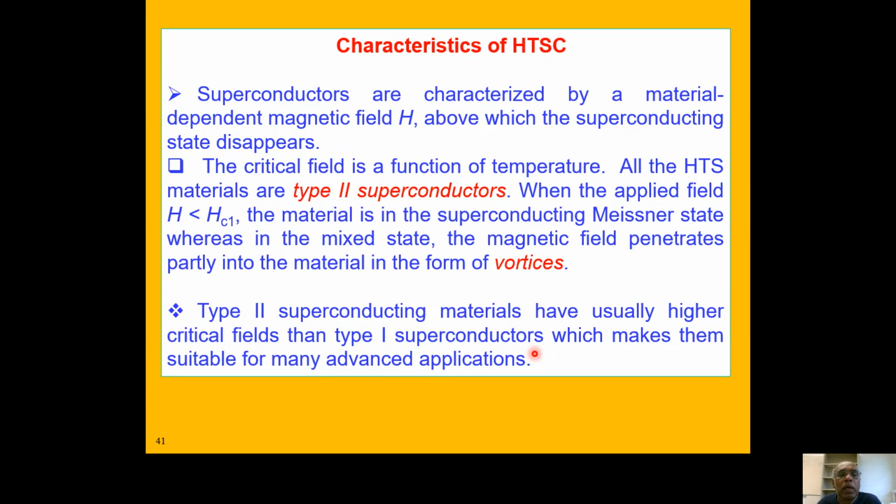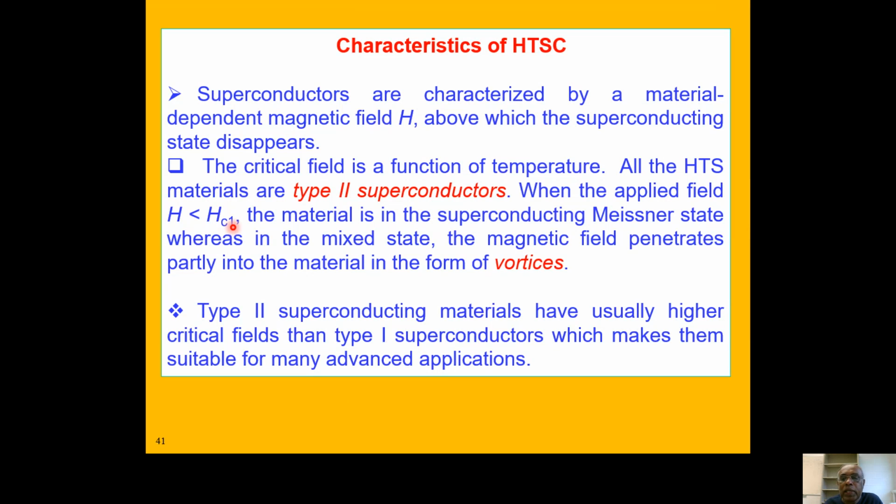Now let's talk a little bit about characteristics of these high TC superconductors. We talked about these as type 2 superconductors, right? Different from conventional type 1 superconductors, where you have one critical field. Above the critical field you lose superconductivity, but in type 2 superconductors we have two critical fields. Even above the first critical field, it can still be in the Meissner state with some vortices, which we call the mixed state.